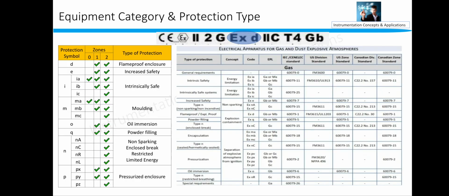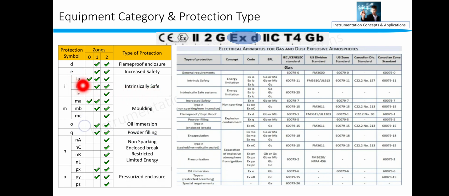So in the next slide we will see the equipment category and protection type. This table tells you that if the protection is D type, then that is flameproof enclosure. If the protection type is E, then increased safety. If IA, IB and IC, intrinsically safe.